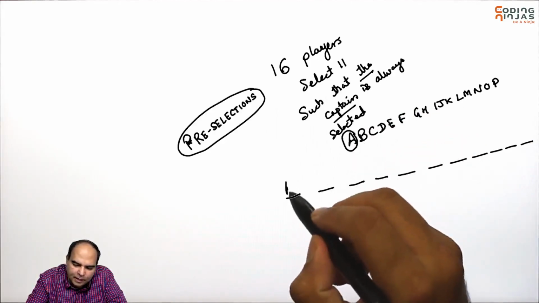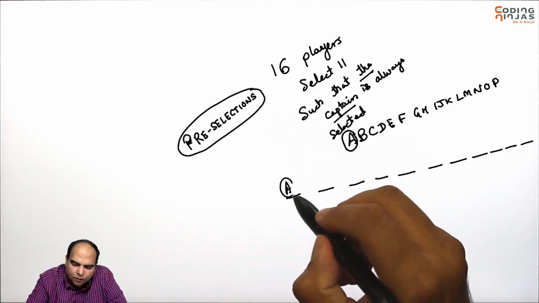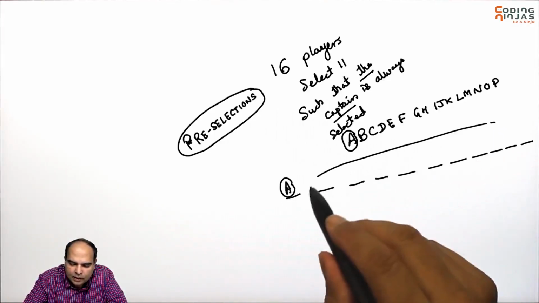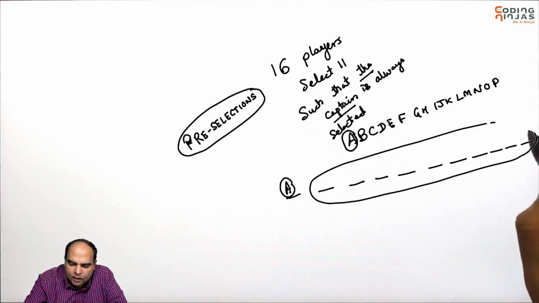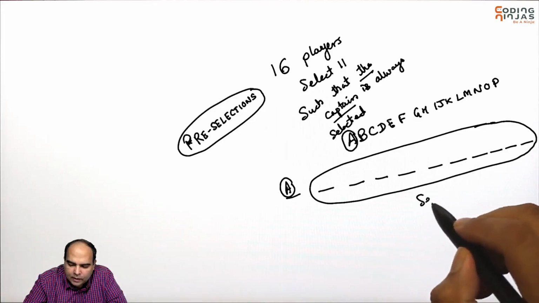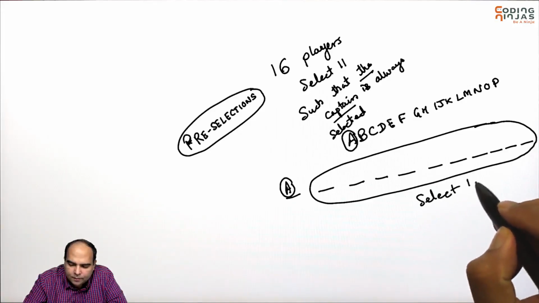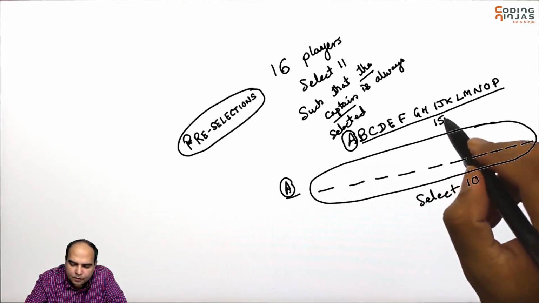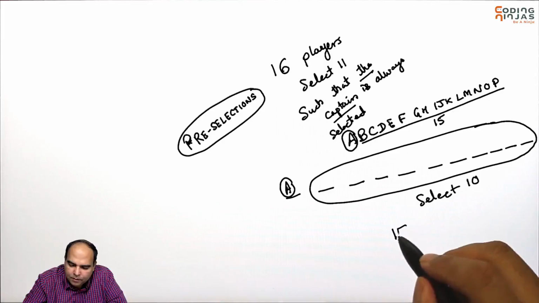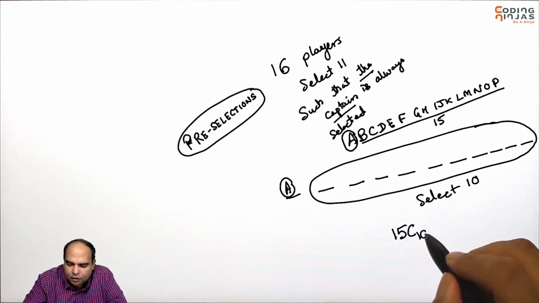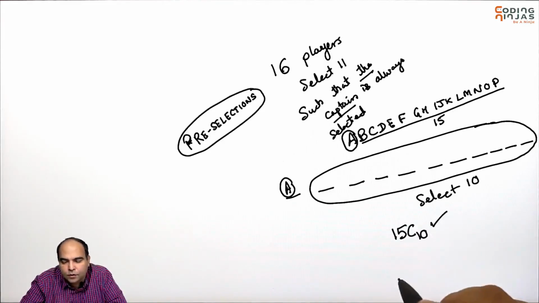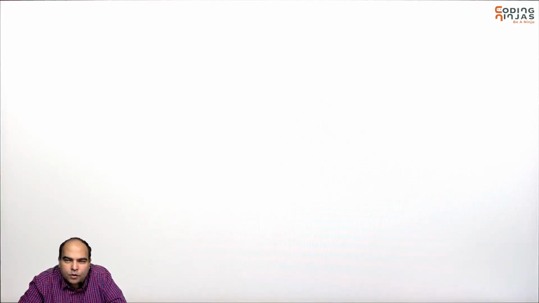He is pre-selected in the team, so he is fast forwarded and brought in. Now, to select the team of 11, you have to select 10 from 15 players, and this is a simple straight 15C10, the usage of the nCr directly, and 15C10 is the answer for this question.